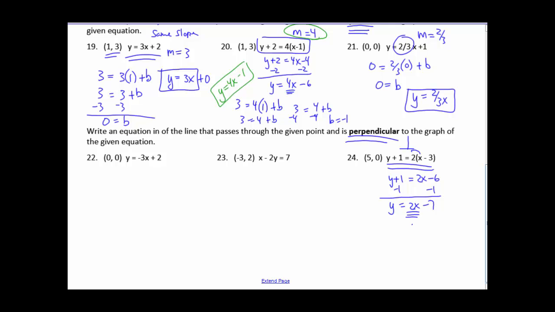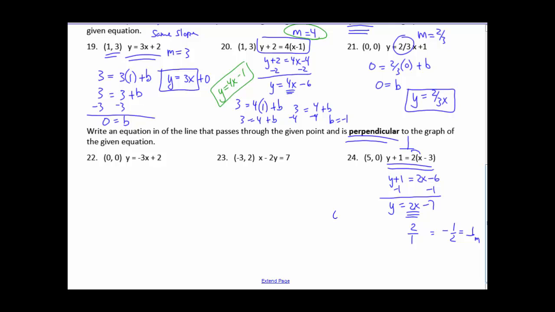Okay? The perpendicular slope is the opposite reciprocal. So negative, or opposite, you could look at it as being negative. And the reciprocal of 2 over 1 is 1/2. So we're going to use the perpendicular slope of negative 1/2. Now we just do what we did on 19, 20, and 21.